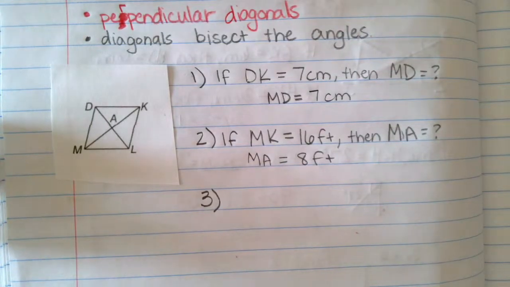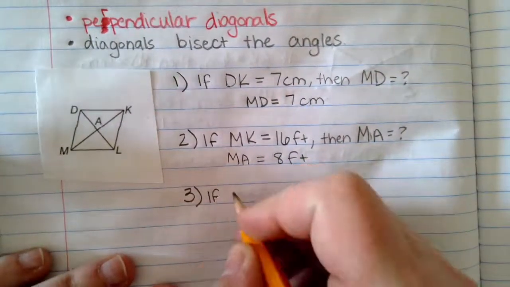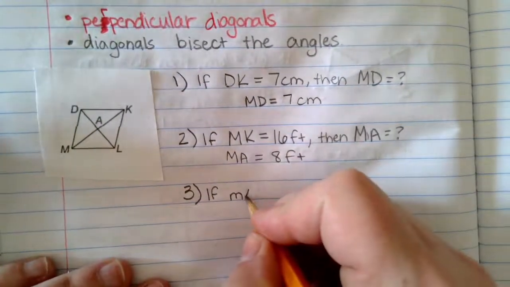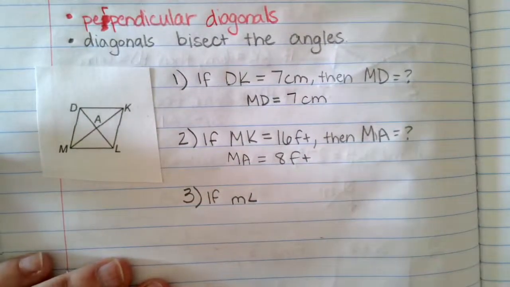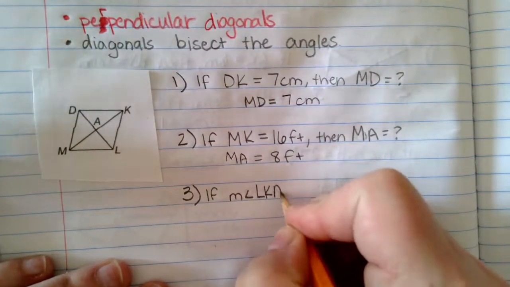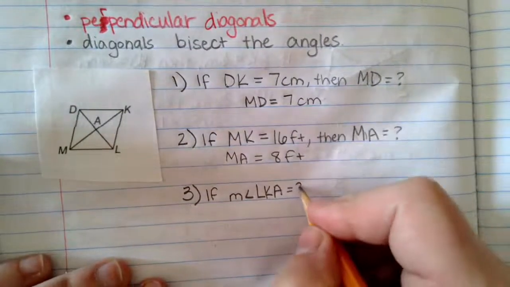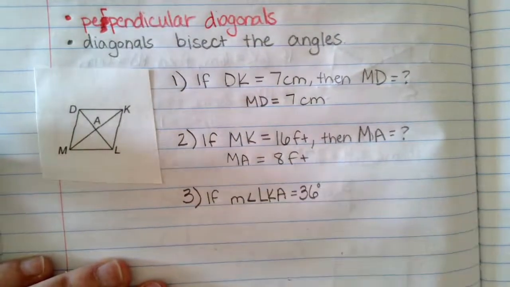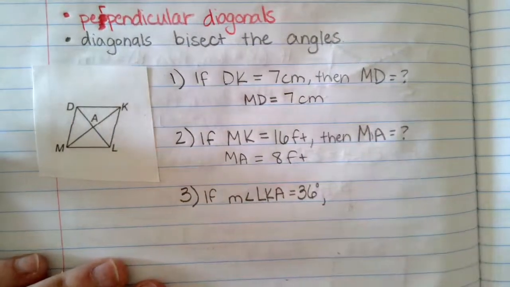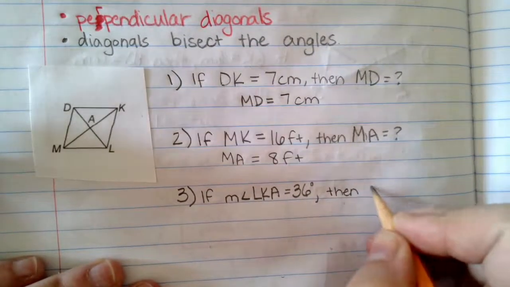If, now we're going to use that M, but this is a lowercase m because it's measure of angle LKA equals 36 degrees, then the measure of angle KDM equals what?